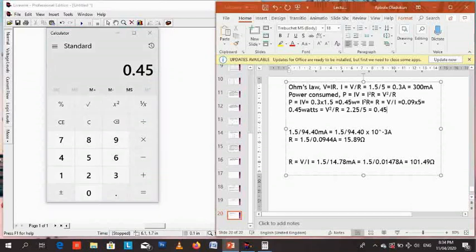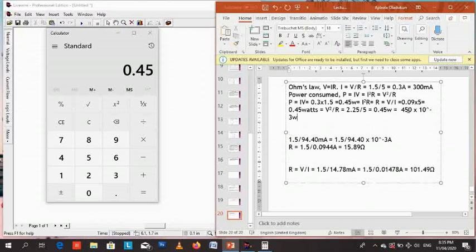Consumed. So regardless of what formula we use, whether IV, I squared R, or V squared over R, all things being equal, you should get the same power value. So the 5 ohm resistor consumed 0.45 watts of power. That is how much power that single resistor consumed.